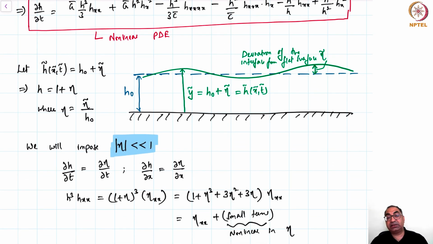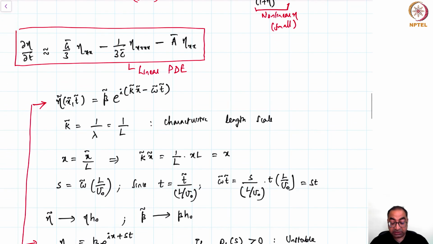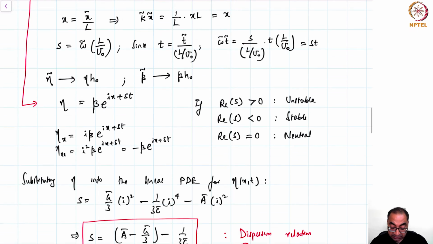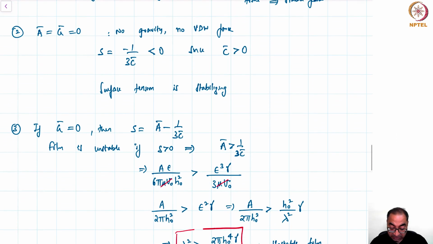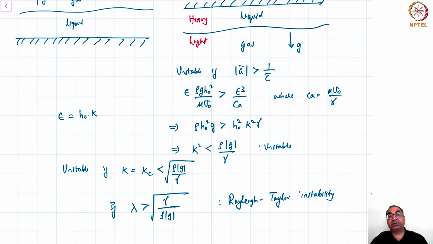We linearized it by saying that the perturbations are small relative to the mean value, and we got a linear partial differential equation. We carried out a stability analysis of it and looked at various special cases. We also briefly touched upon the so-called Rayleigh-Taylor instability, where you have a heavy fluid sitting over a lighter fluid. We will look at the general case with all the forces present: gravity, surface tension, viscous forces, and van der Waals forces. We look at that general case in the next lecture. Thank you.